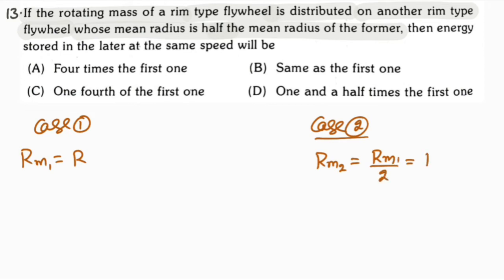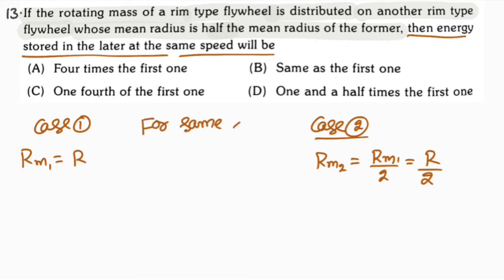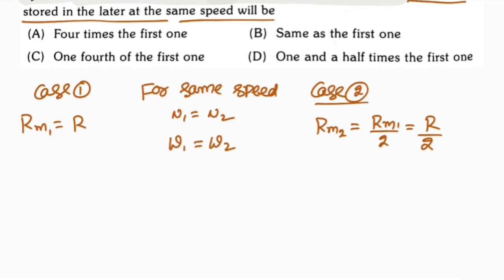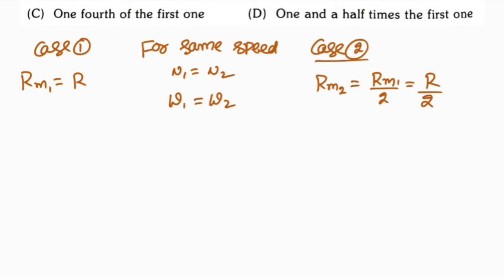It is r by 2. Then energy stored in the latter at the same speed. For same speed means both flywheels are running at the same speed, n1 equal to n2. If so, omega 1 equal to omega 2. Angular speed of the first wheel equal to angular speed of the second wheel.